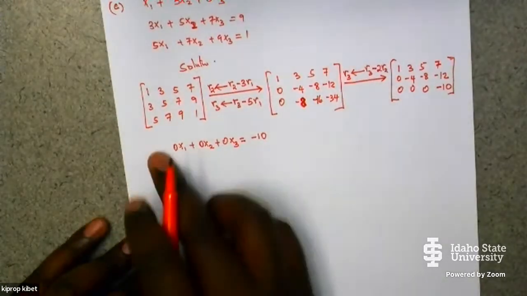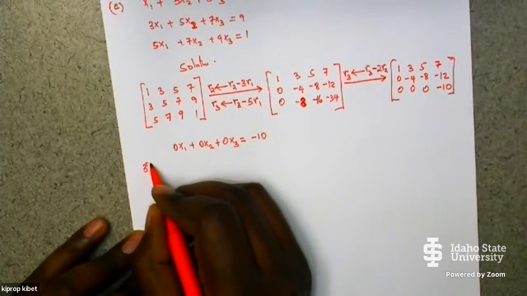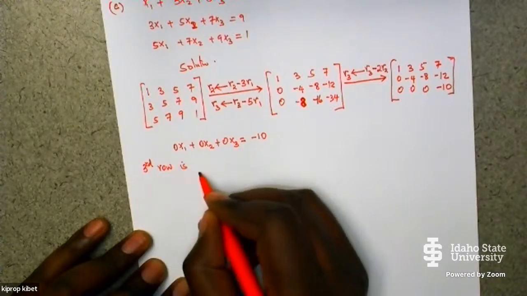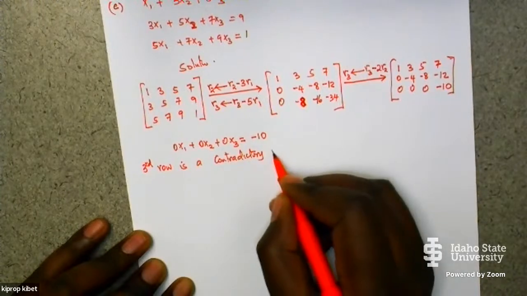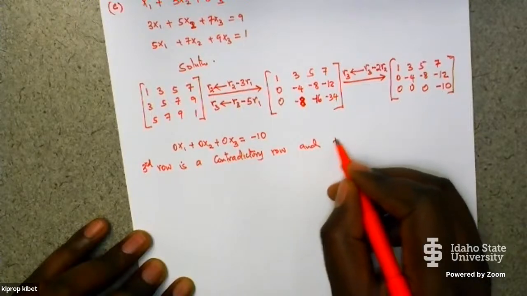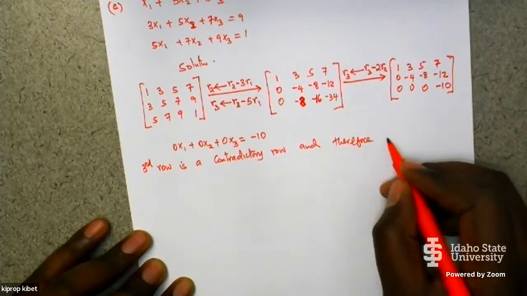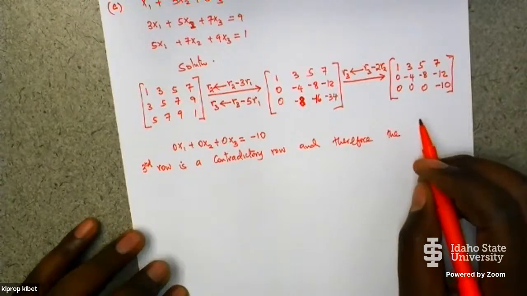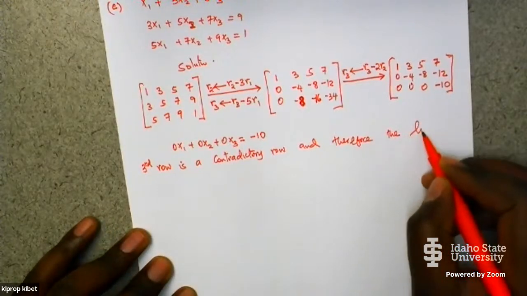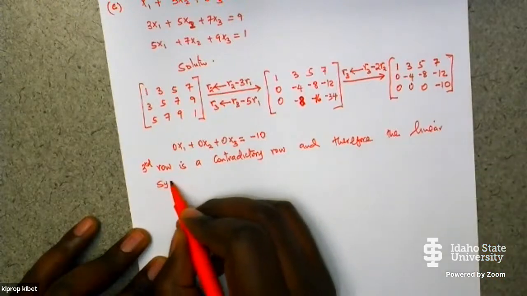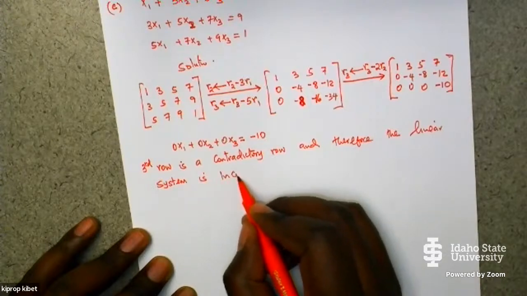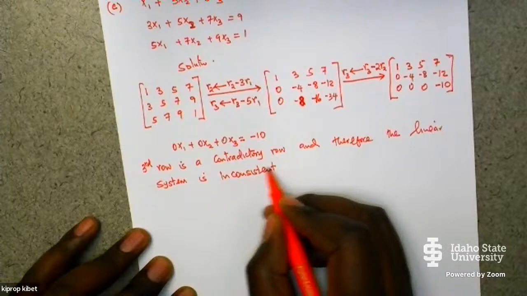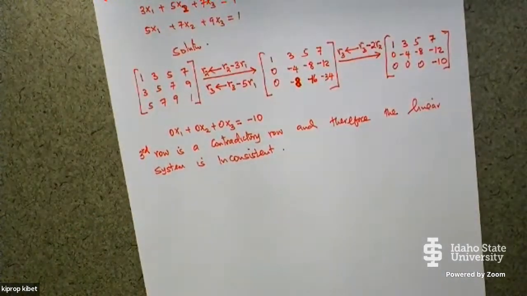So in this case, the third row is the contradictory row. And therefore, this linear system is inconsistent. Any question?